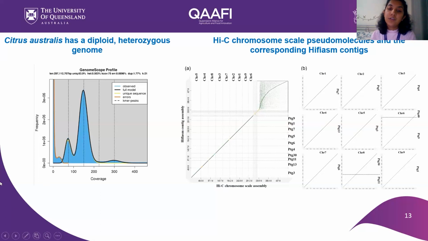In this image, the blue diagonal line indicates the 9 lengthiest chromosome scale pseudomolecules generated for australis. And the corresponding chromosomes were named with the corresponding numbers based on the synteny with the previously published genomes.